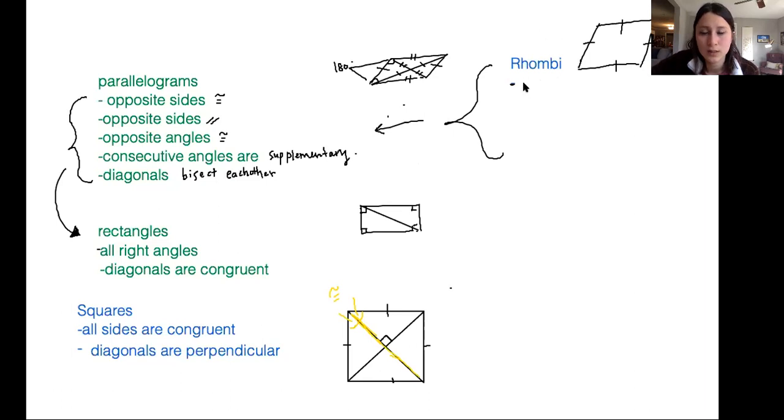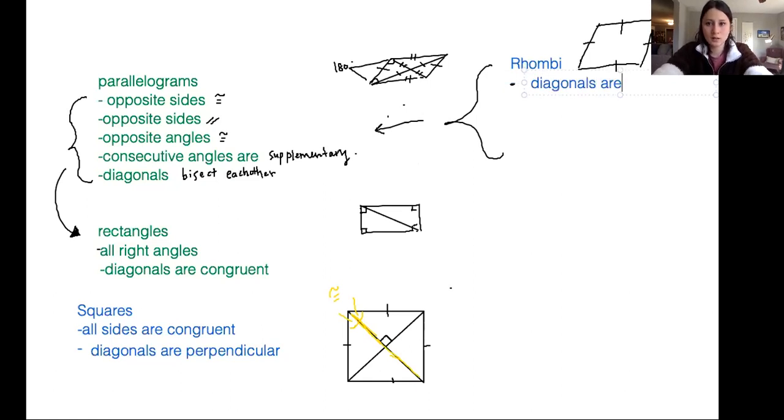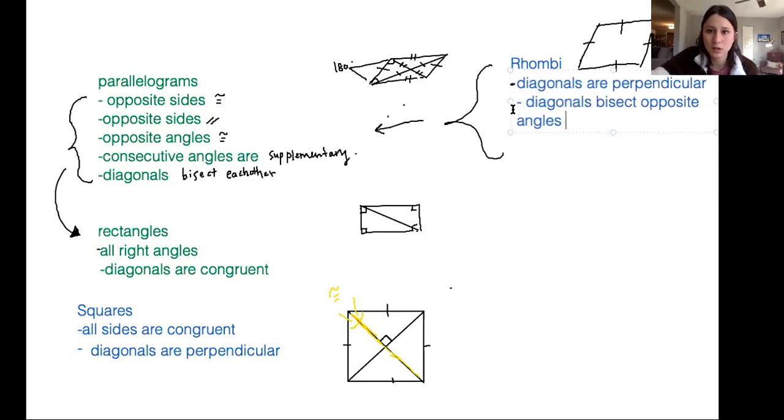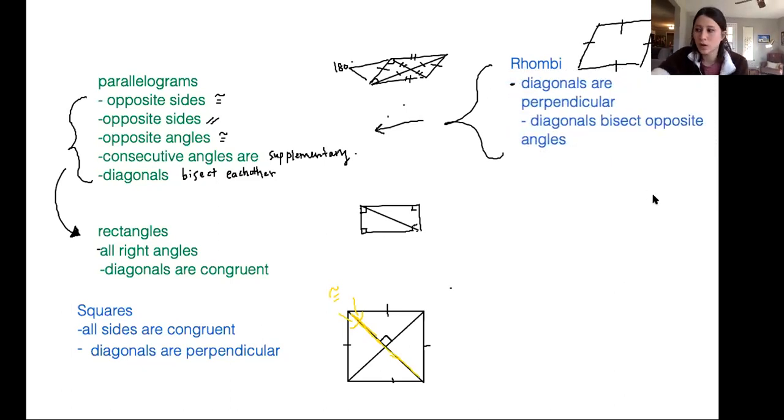So we're going to say diagonals are perpendicular. And another thing is that the diagonals bisect opposite angles. So this is something that's unique to a rhombus, and it's the same as a square.